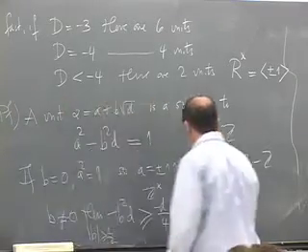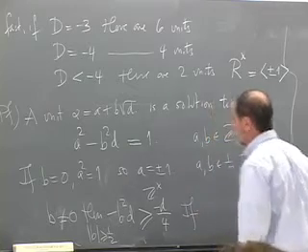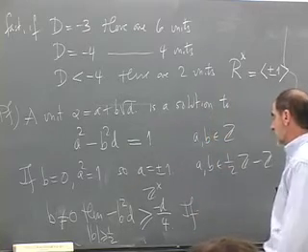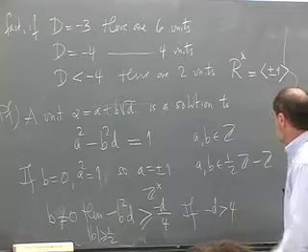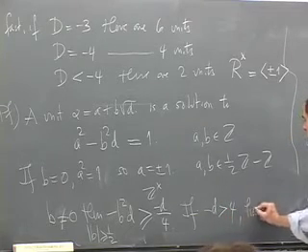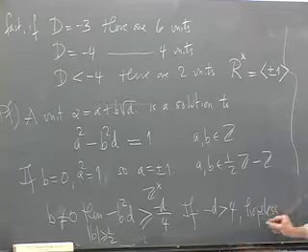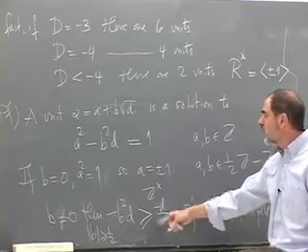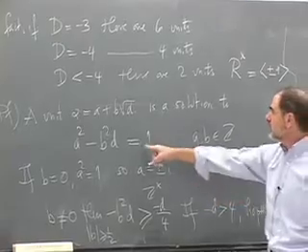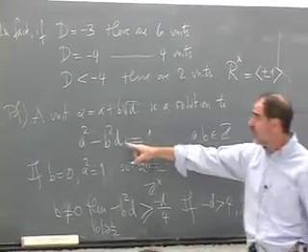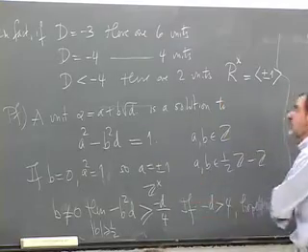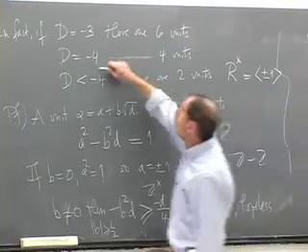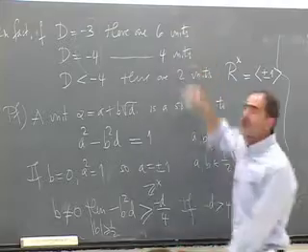If minus d is bigger than 4, it's hopeless. Because then this number will be bigger than 1, and there's no way that these things can add up to 1. This number is positive. So that eliminates almost everything, and then you just check these two cases, and you find the various solutions.